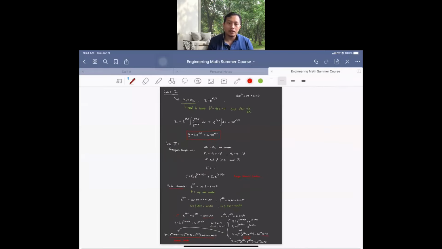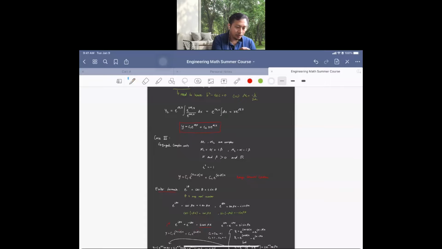From these three cases, real and distinct, real and equal, and conjugate complex, we can tailor our solutions.